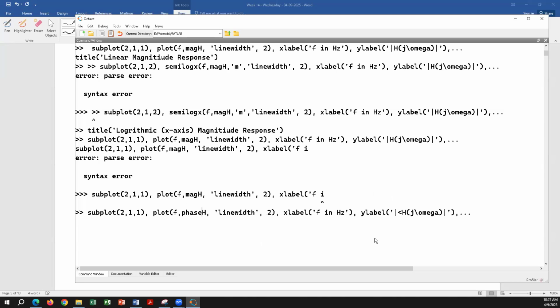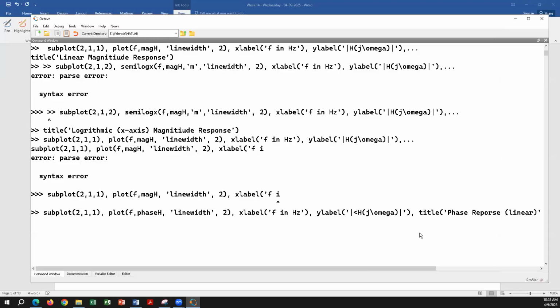Yeah, phase of H. And then I'll just put title here, comma, title. Phase response linear.